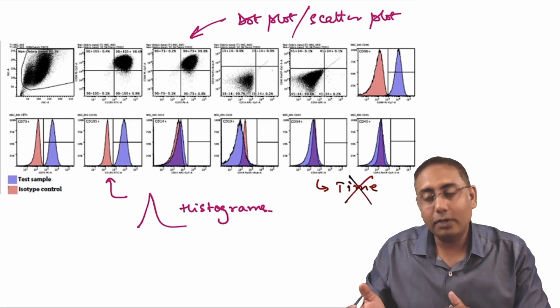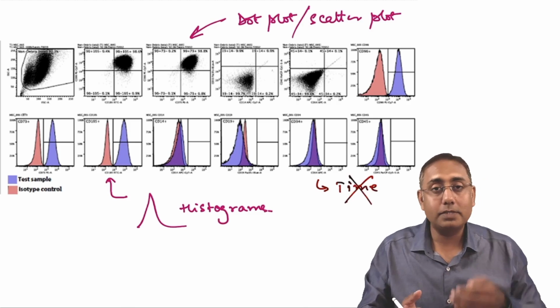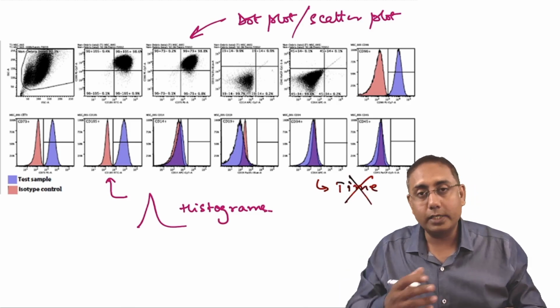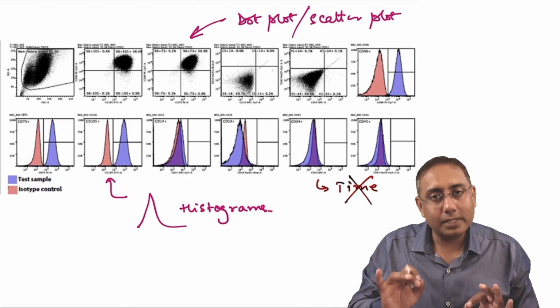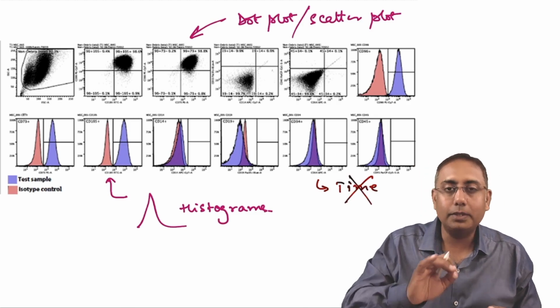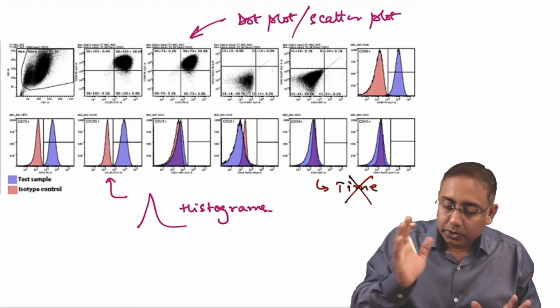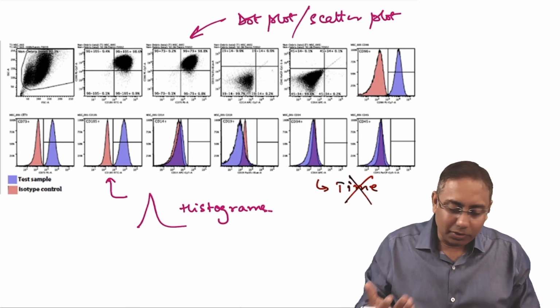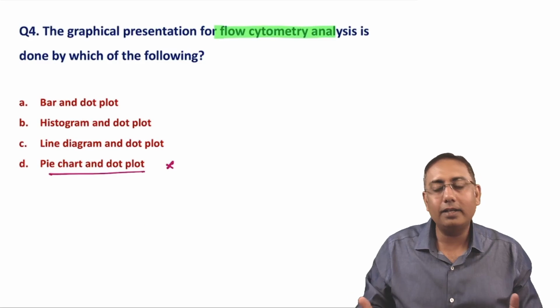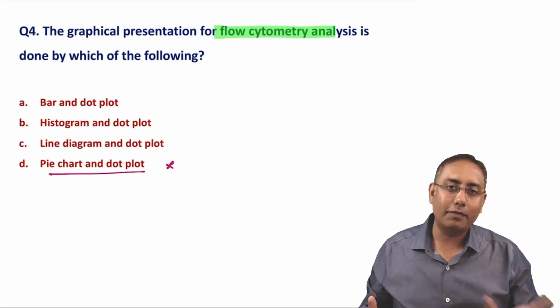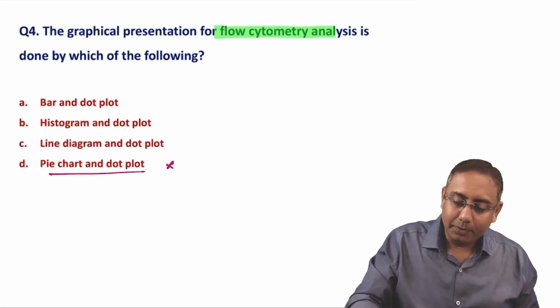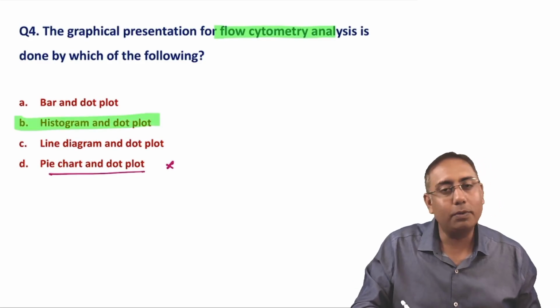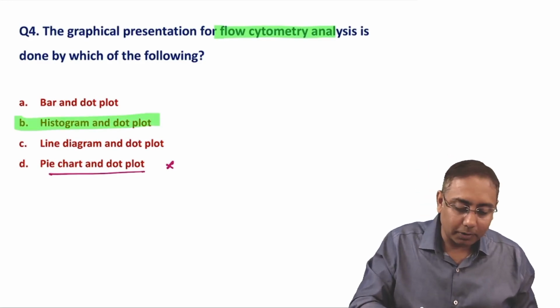Now the problem is whether this is a frequency polygon or a histogram. Technically speaking, this is a histogram. A frequency polygon is nothing but joining the midpoints of a histogram. So this is a shaded histogram itself. You don't have to understand anything more. It's just a simple question from graphical methods. For flow cytometry, the best answer to mark here would be a histogram and a dot plot.